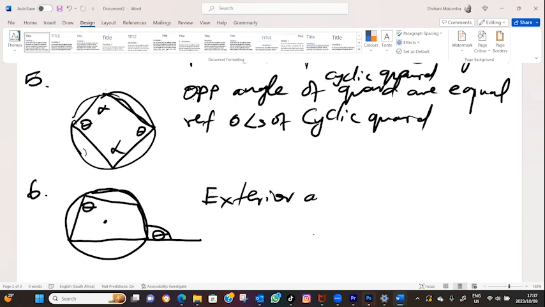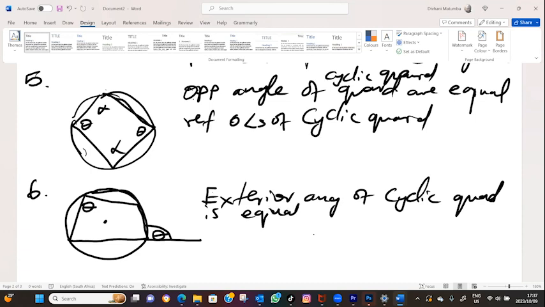Exterior angle of cyclic quad is equal to the interior opposite angle.